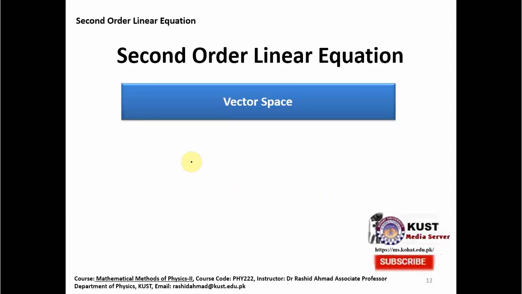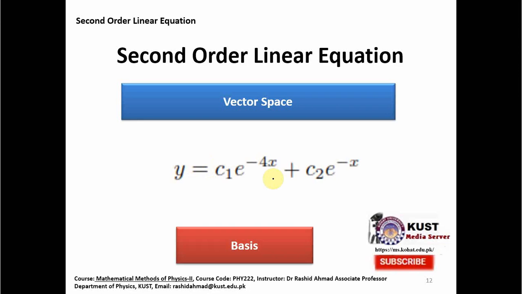And there is another interesting point to make over here: this represents the structure of a vector space, because in this solution you can see that e raised to power minus 4x and e raised to power minus x are the bases, or you can say unit vectors, so to say. You can identify them as unit vectors. So these are the bases, and with this basis we can have a lot of solutions, differing with the different values of c1 and c2.